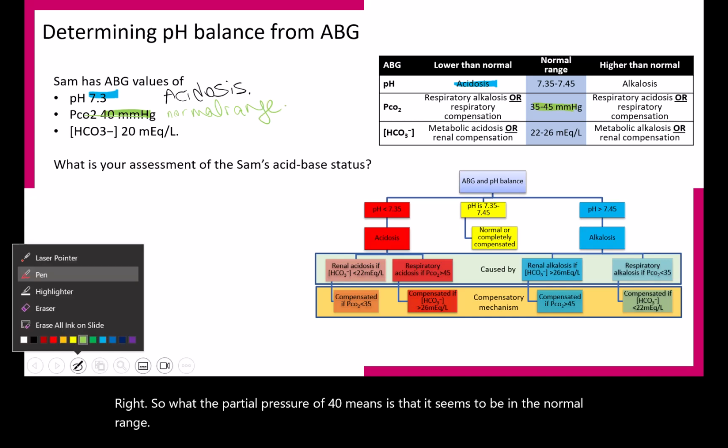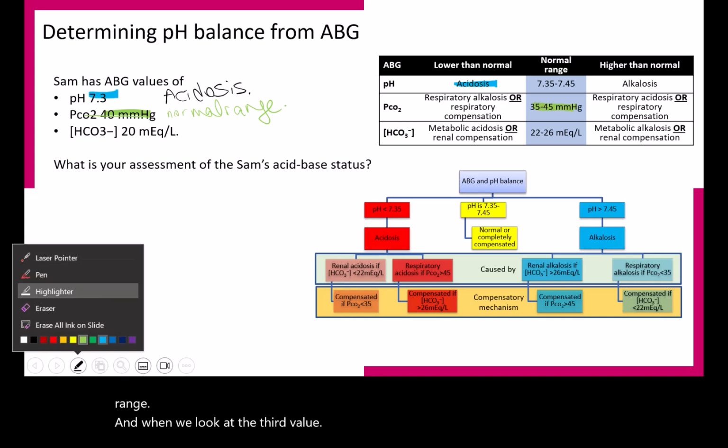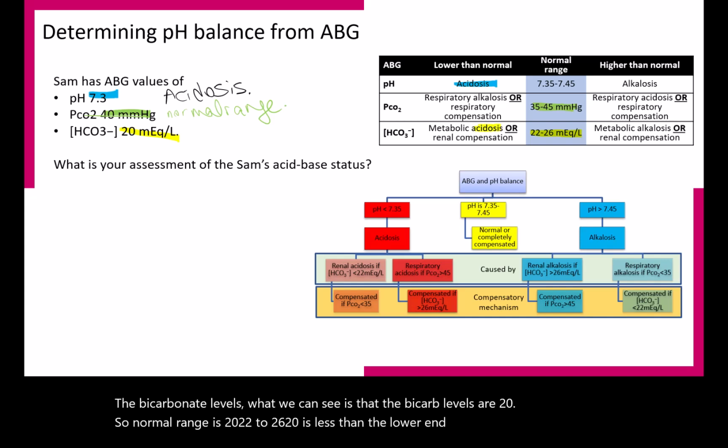And when we look at the 3rd value, the bicarb levels are 20. So normal range is 22 to 26. 20 is less than the lower end, so it's in acidosis, right?